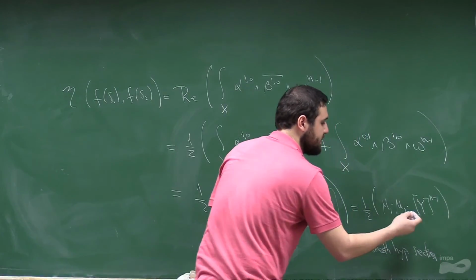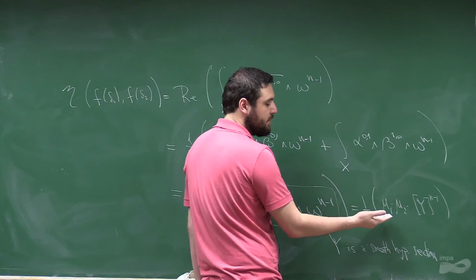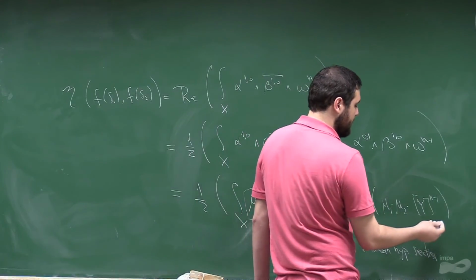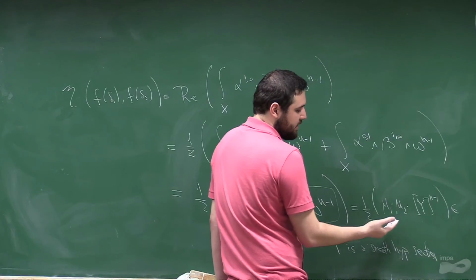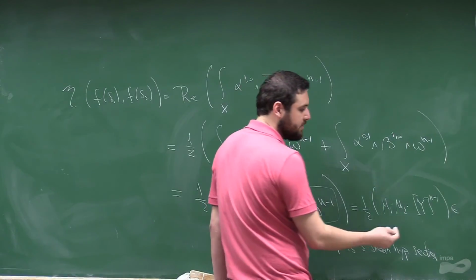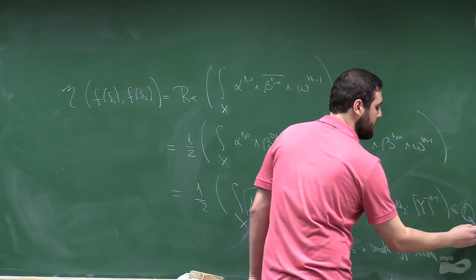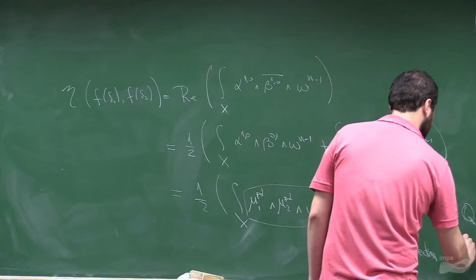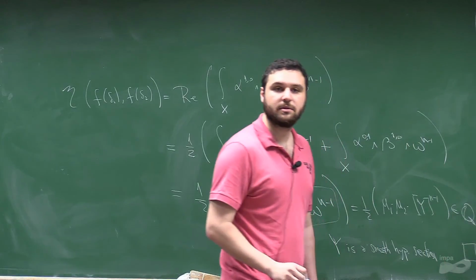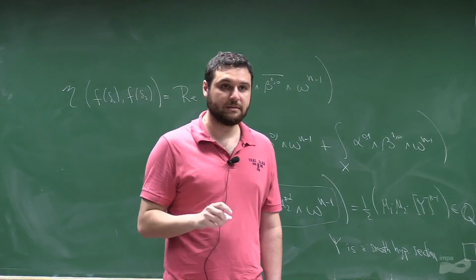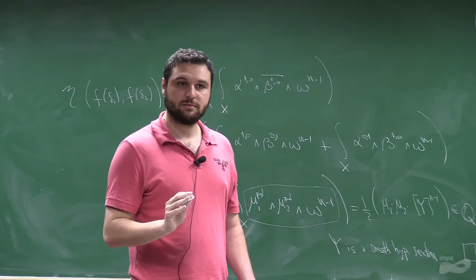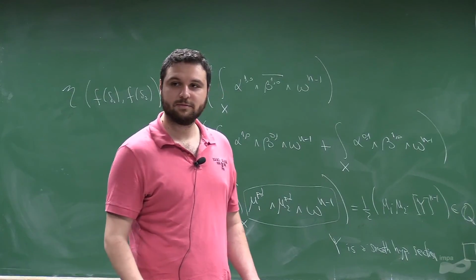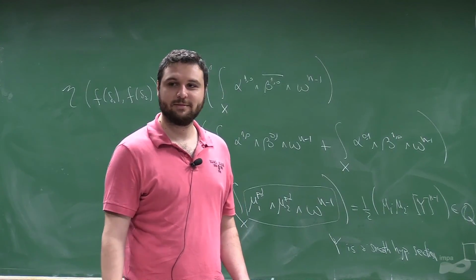And so obviously, since all these things are defined over the integers, this will be in the integers over 2. So this will be in Q. Right? And that's the proof. Okay? Is it clear? Well, kind of believable?